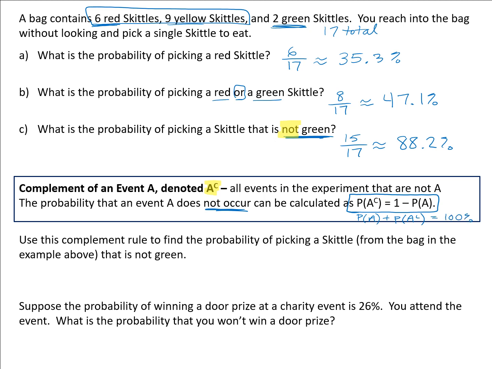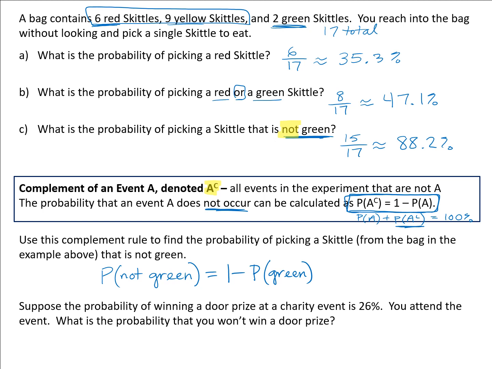So the idea here is that when we know one but not the other, we could always subtract one of the two probabilities from 100% to get the remaining probability. So the probability of being green is equal to 1 minus the probability of not being green. Or likewise, the probability of not being green is equal to 1 minus the probability of being green.